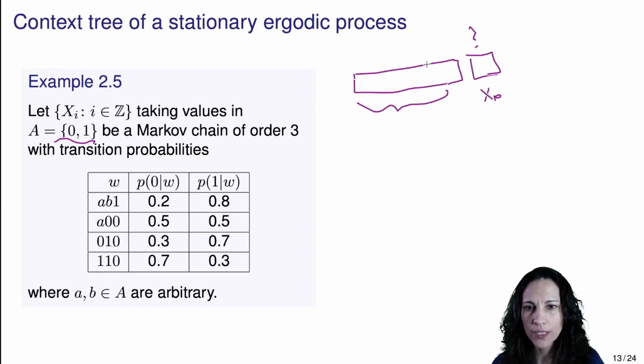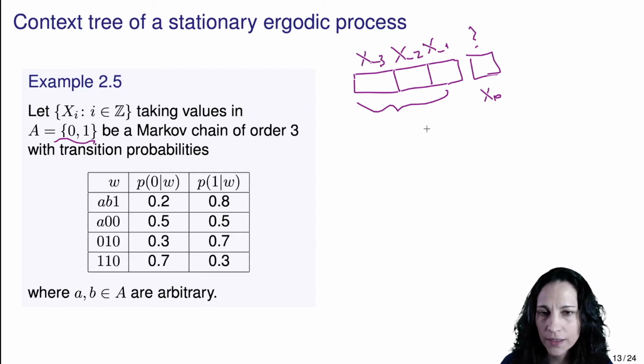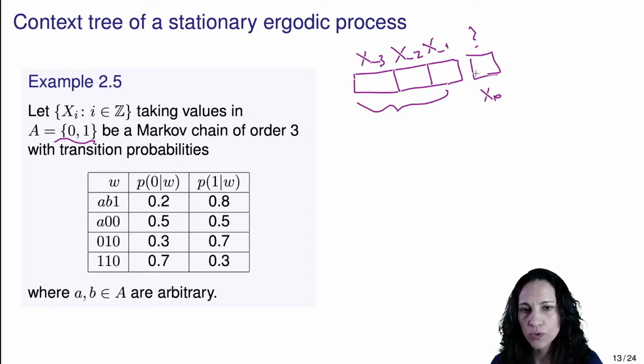For example, here with order 3, you need to know x minus 1, x minus 2, and x minus 3. So if you know what happened in this fixed part of the past, then you are able to predict the next symbol in the sequence.